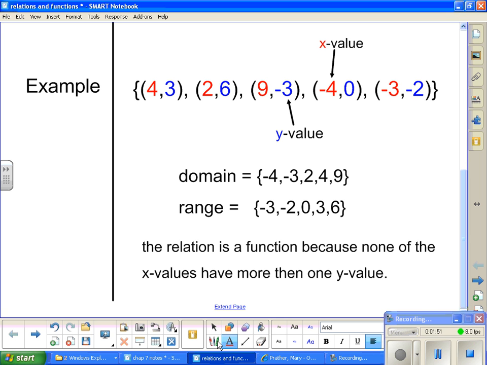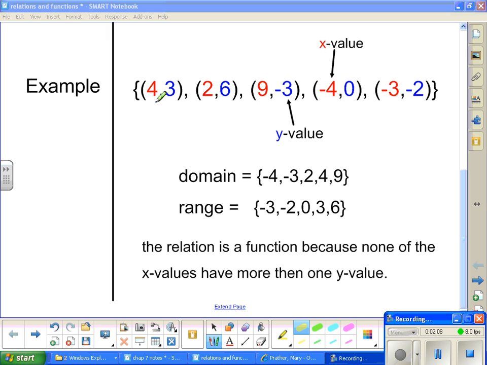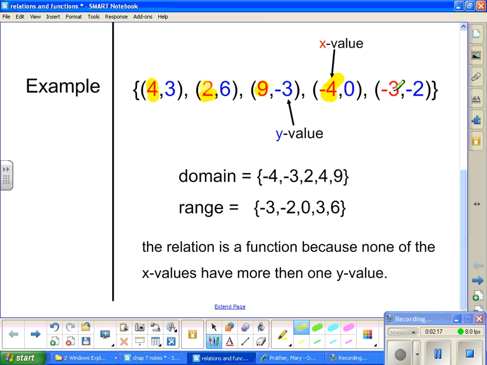And so what that means is if I were to go ahead and highlight, if the computer wanted me to do that. Okay, so if I highlighted the X values, I want to go ahead and make sure that none of these numbers are the same.